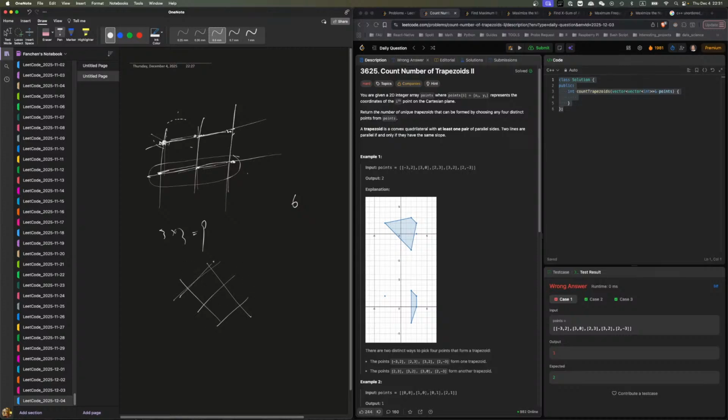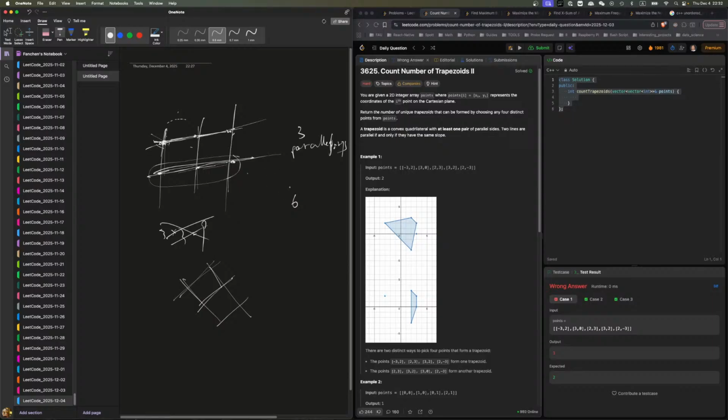So any line with any other line, I think this will work. Because this is only one line, and this I can do 1, 2, and 3. So in total, this will give us 3 parallelograms, and those are the ones we need to remove from the result.